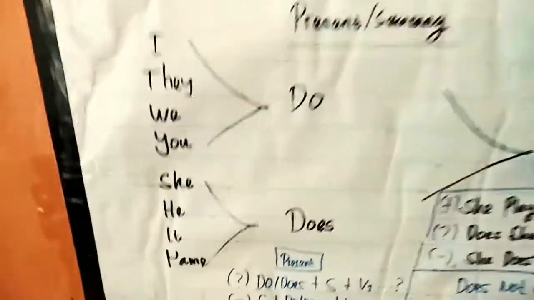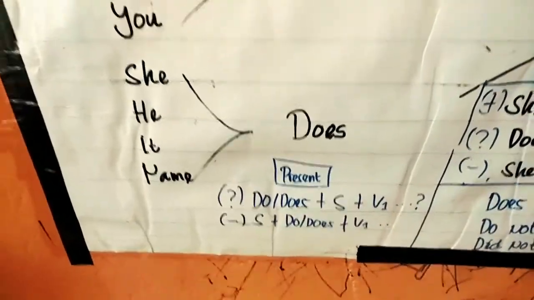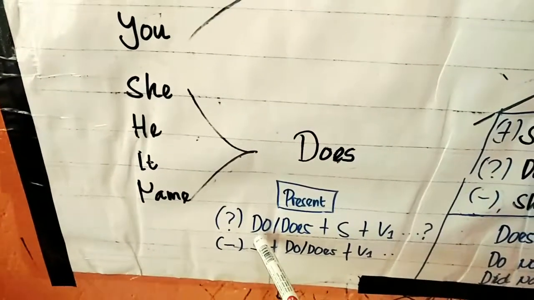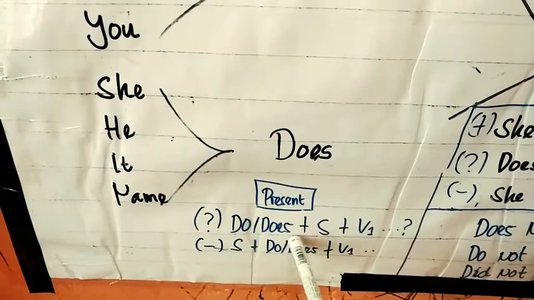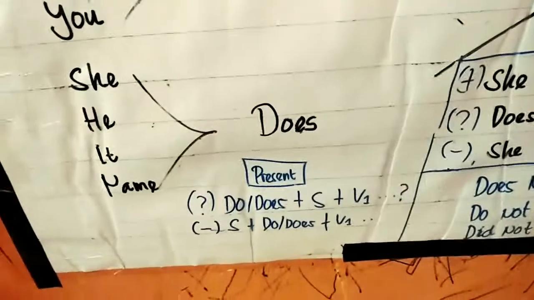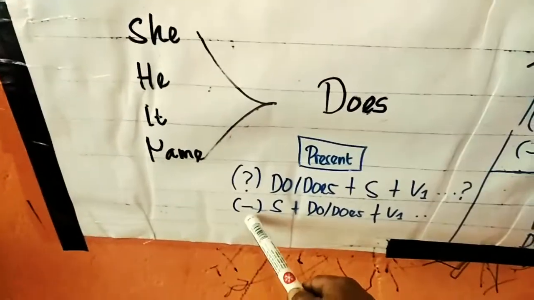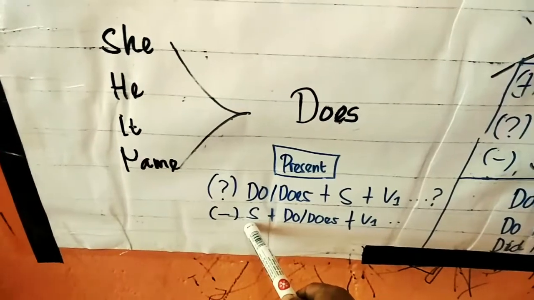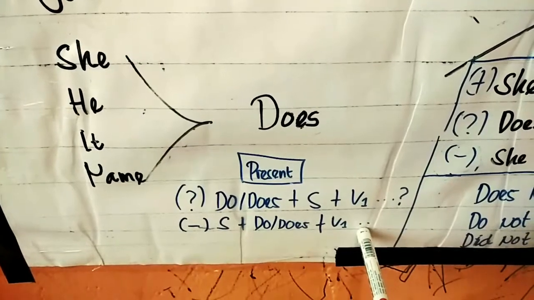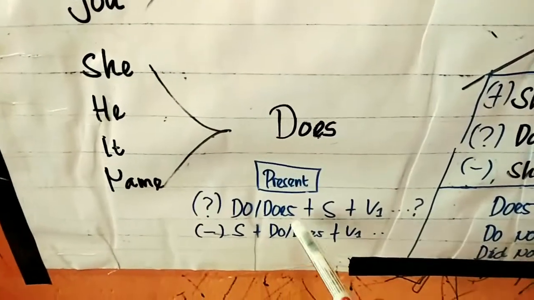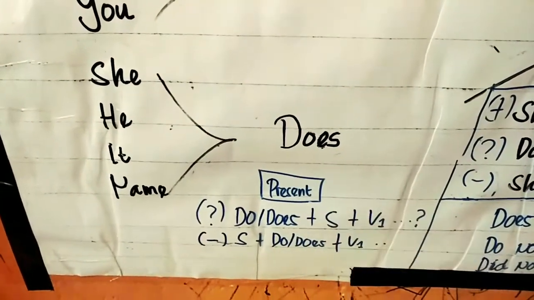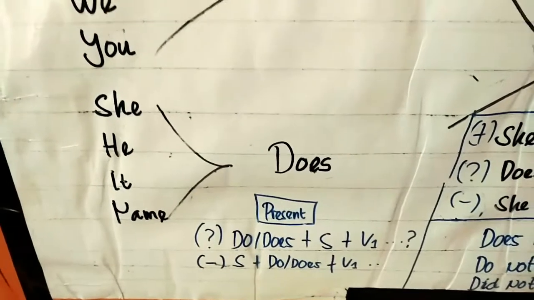You can see here, when the interrogative, we can use the pattern do or does plus subject plus verb one and then question mark. And then when negative, we use the pattern subject plus do or does plus not plus verb one. Now, this pattern is only for present time, not for past time.